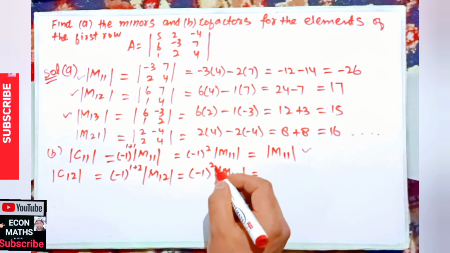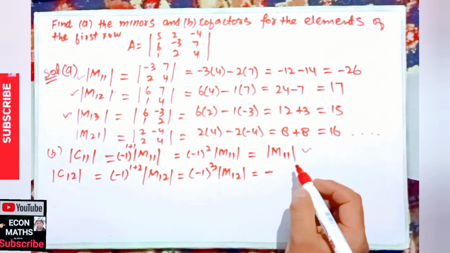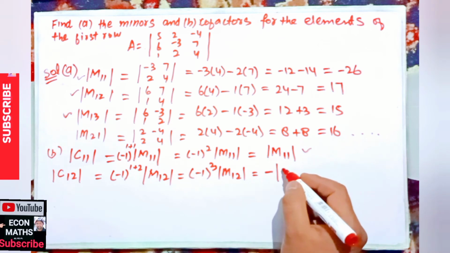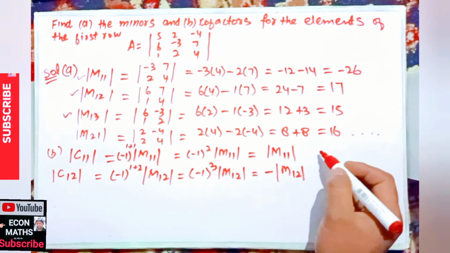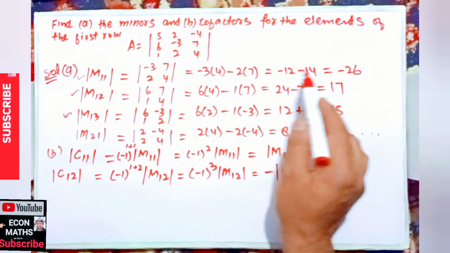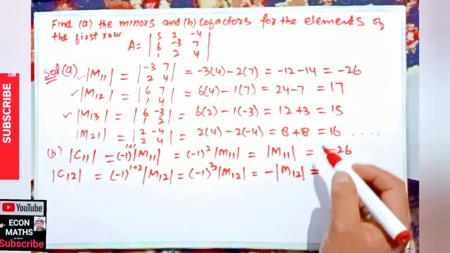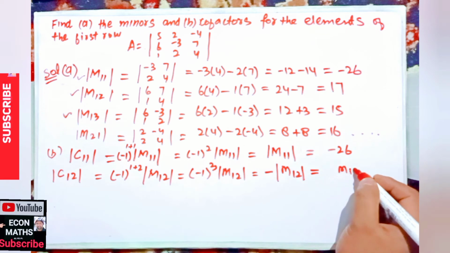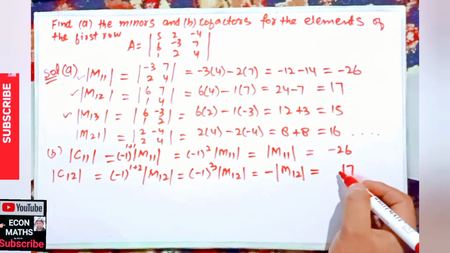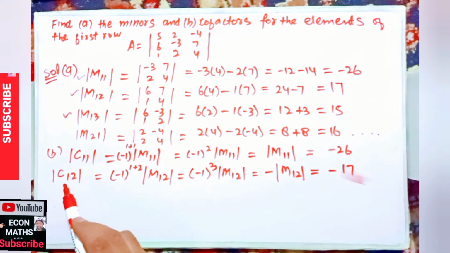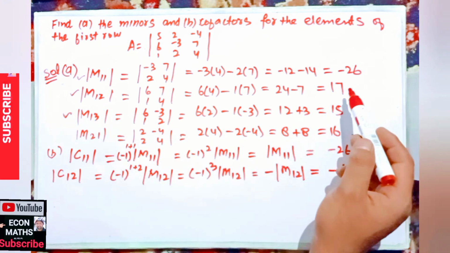Now -1 raised to an odd power is minus, so the sign is minus, multiplying it with M12. So the cofactor here is M11, which we have calculated, that is minus 26. So there is no change in the sign. Here it is M12, that is 17, and here the sign is minus. So the cofactor C12 is minus 17; we can see the minor was plus 17 and it is minus 17.